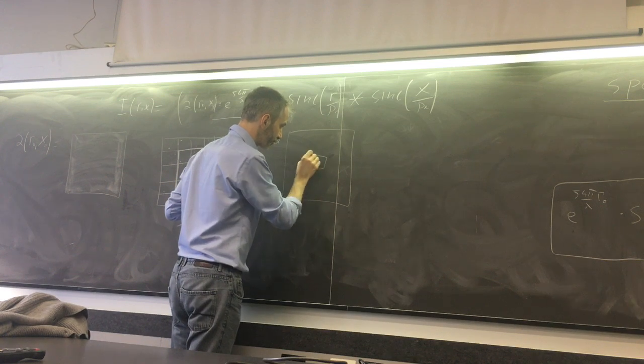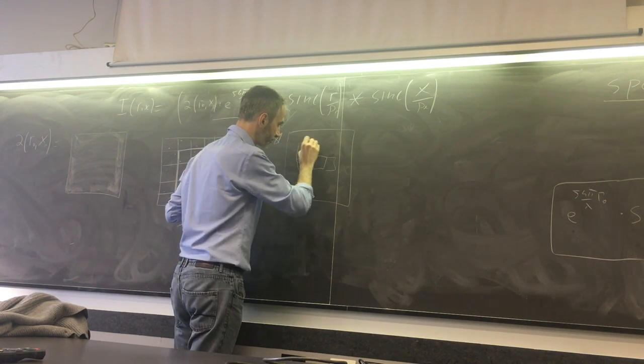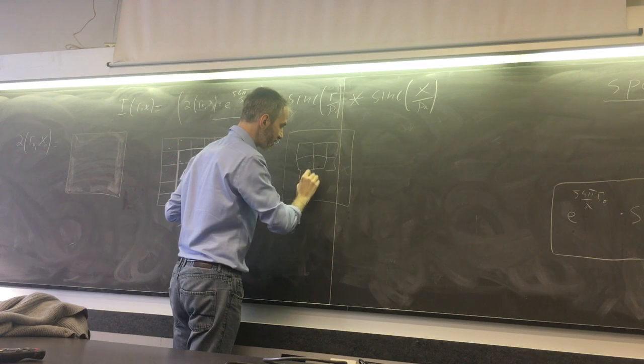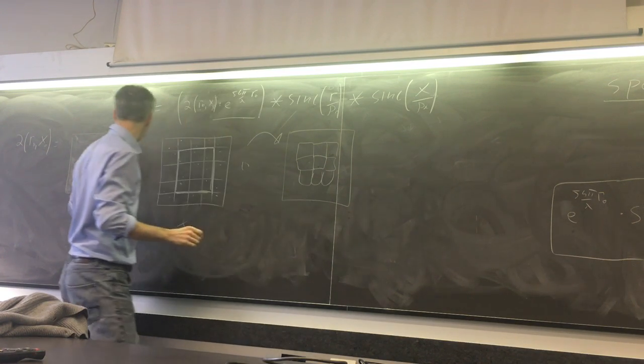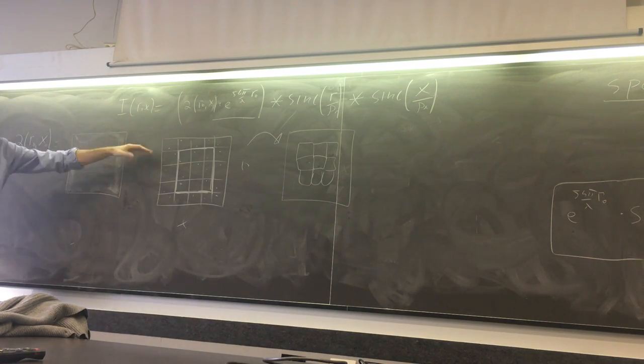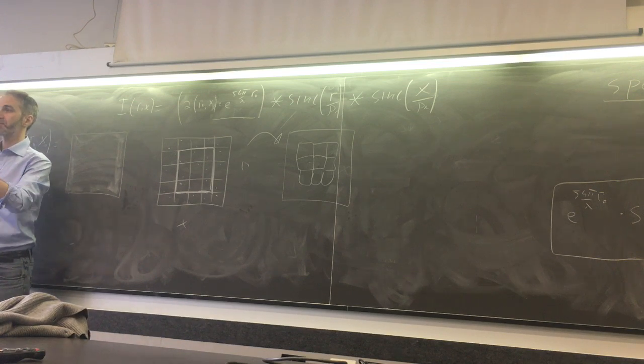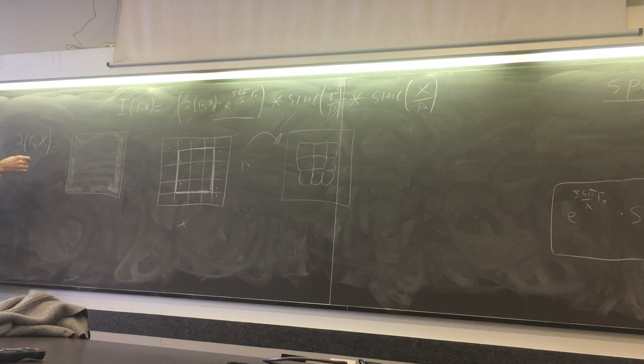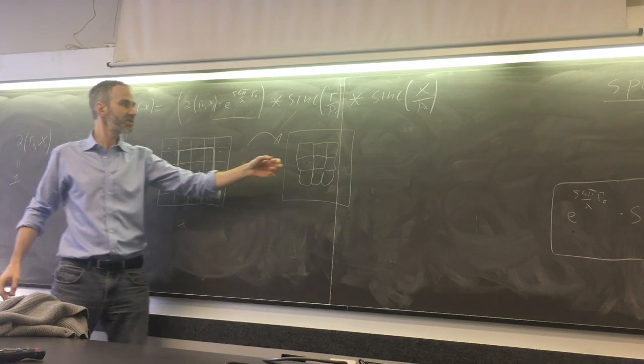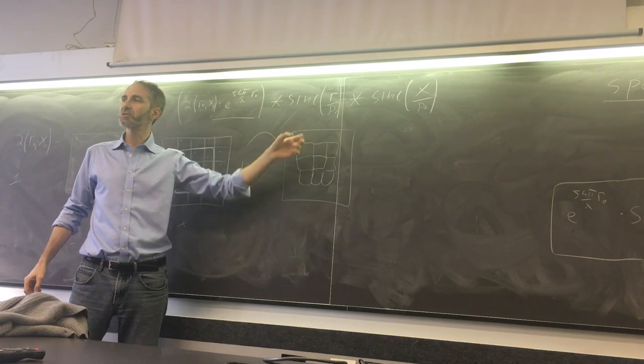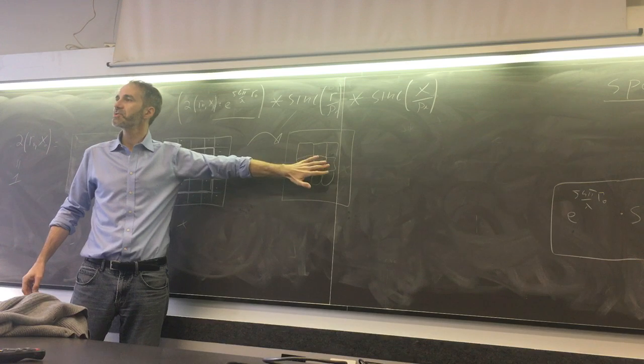Now tell me, we say that in the original image, all of these pixels have the same intensity. So this A is constant. Let's say that A is equal to 1 for each pixel. Can you tell me if the intensity here after this convolution is again constant or not?